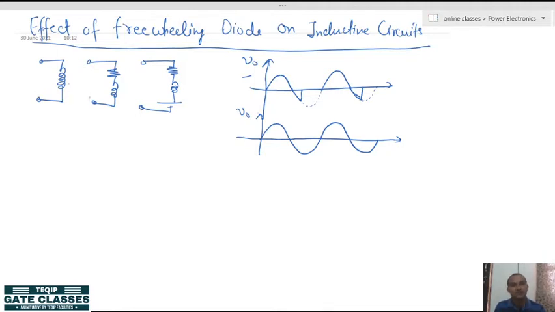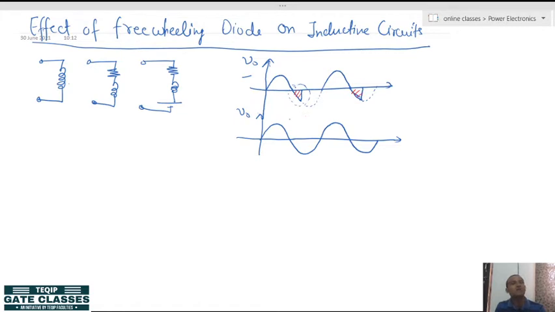Whenever there is no alternate path available in the circuit, some negative portion of the output wave also comes into the average output value. This is some negative value.